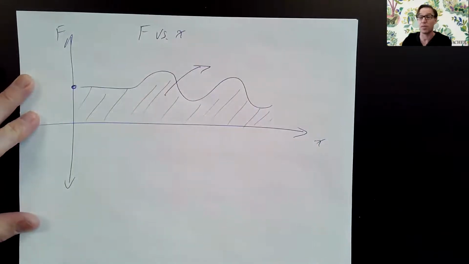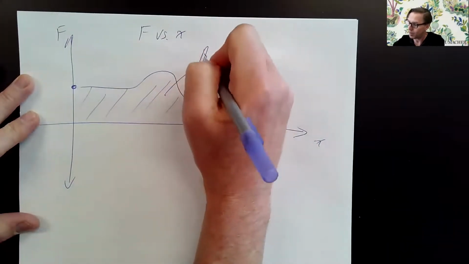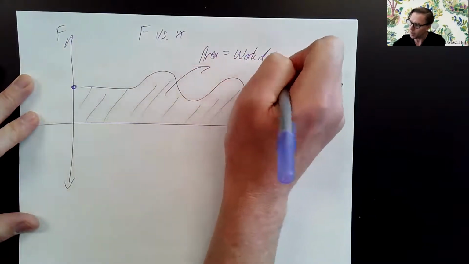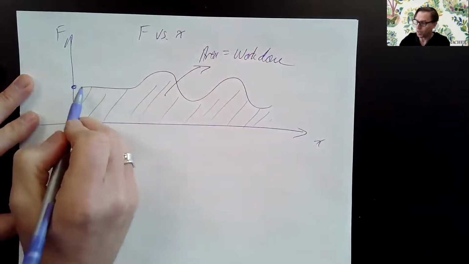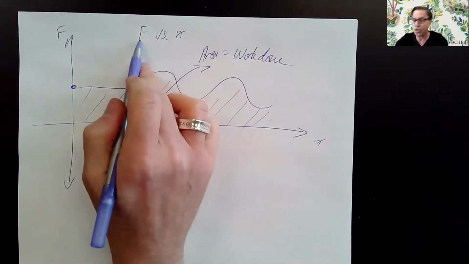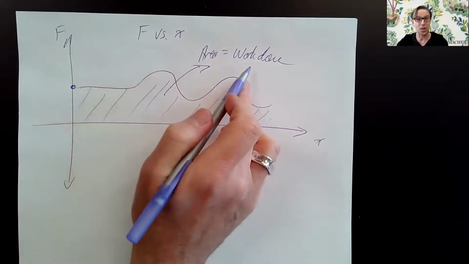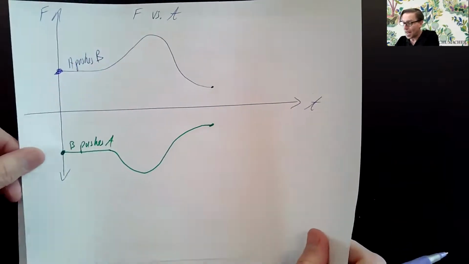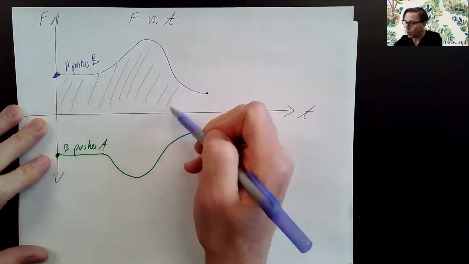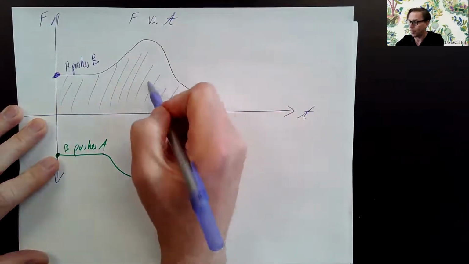It's very, very important. Area was equal to work done by this force on some object. And force times distance is work. So what do you think I'm going to say about this purple area?